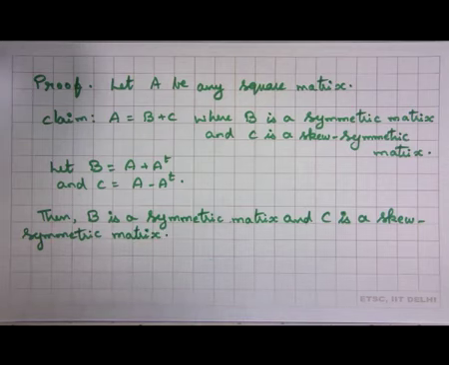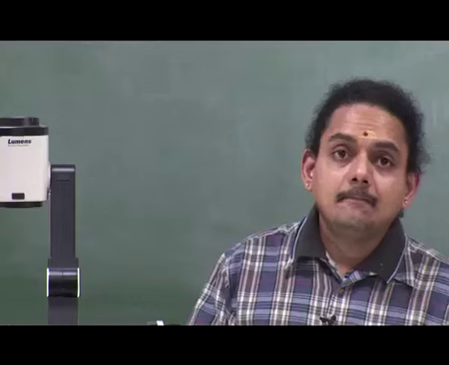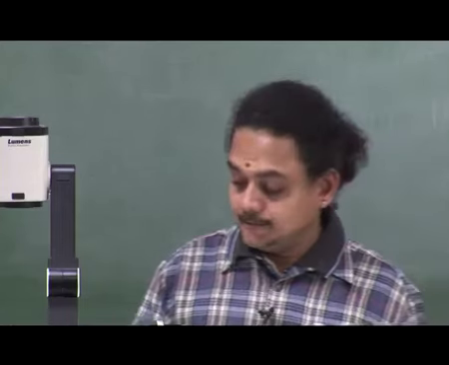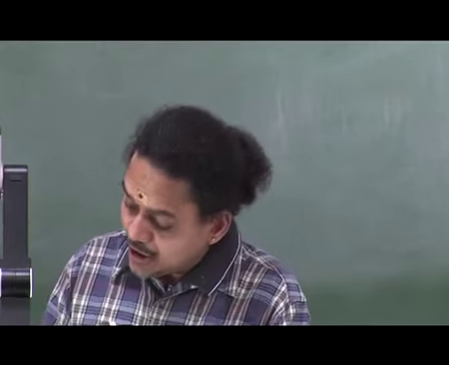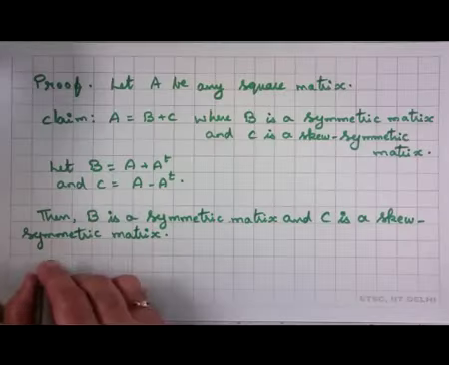Now, the only thing that we will have to show is that B plus C is A, but this follows from the properties of the addition of matrices. Well, let us try to prove it.